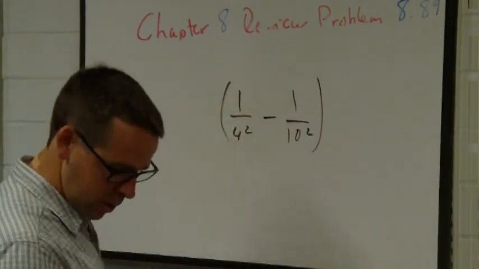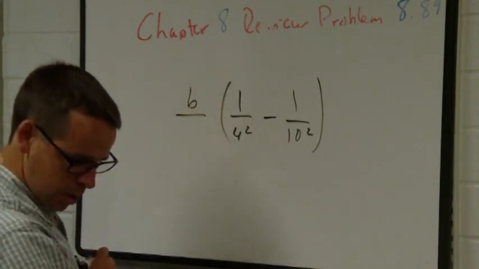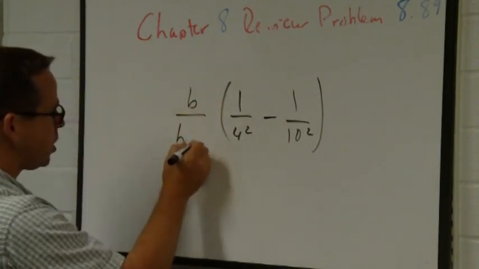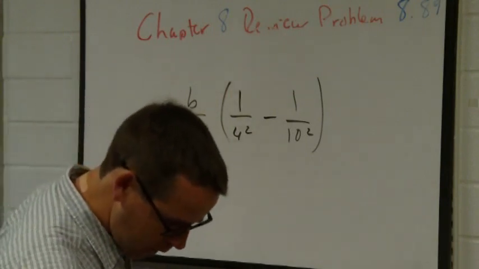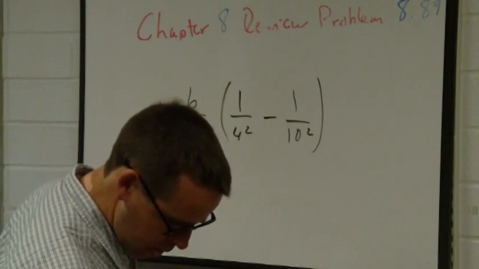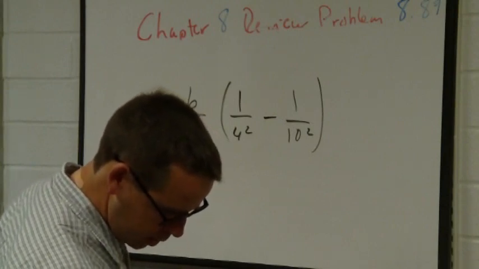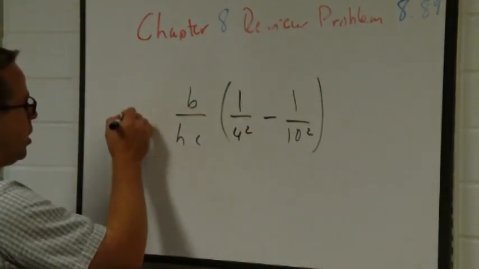All of this is multiplied by b, which is a constant, h, a constant, and the speed of light, which is a constant. Let's verify here. It says down there BHC has a value of 109,730 per centimeter.